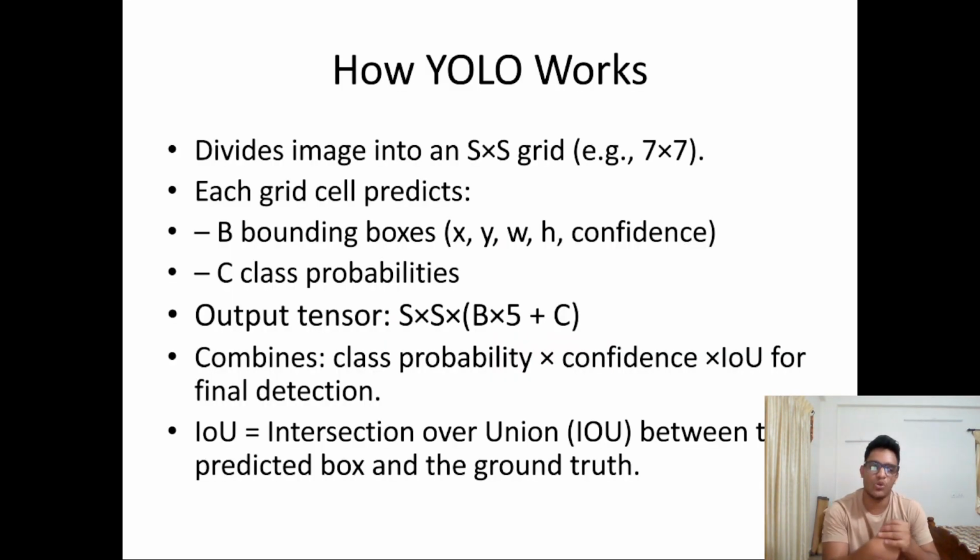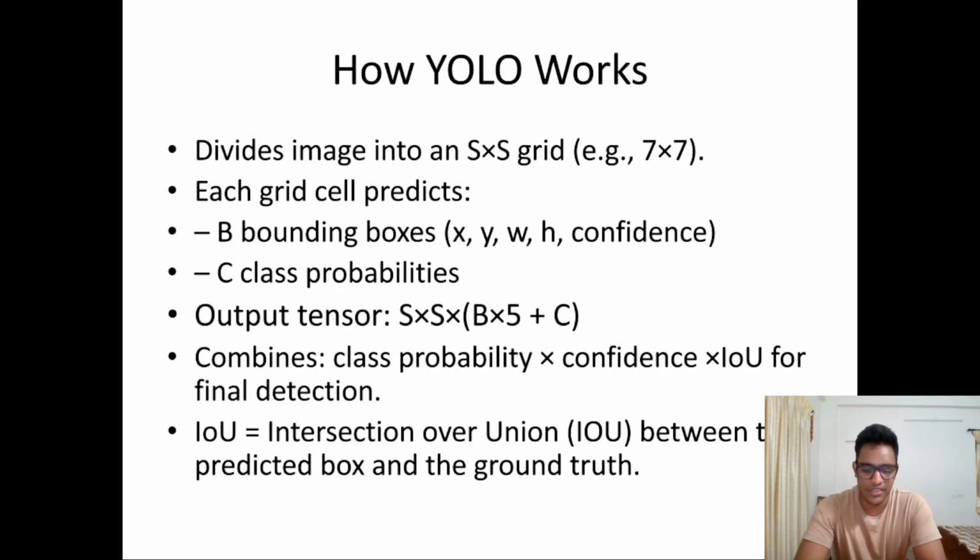So how exactly does YOLO work? We give an input image to the system, and it divides that input into S by S grids. For example, with 7 by 7, we get 49 grids. Similarly, we can take other sizes like 13 by 13, or 15 by 15, some S by S integer number of grids.